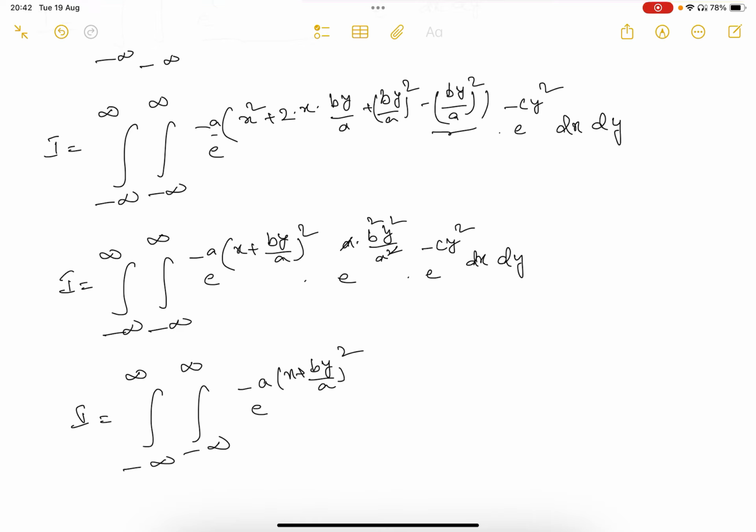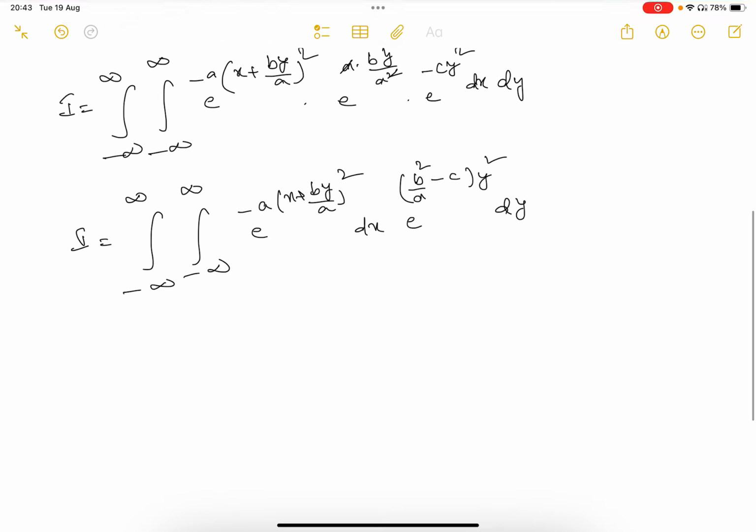Let's keep dx into e to the power, you can see here it will be b² by a minus c into y² dy. So let's try to separate accordingly with respect to dx dy.